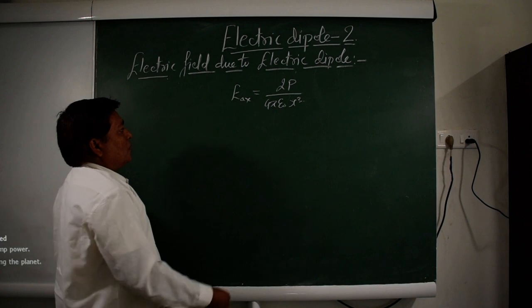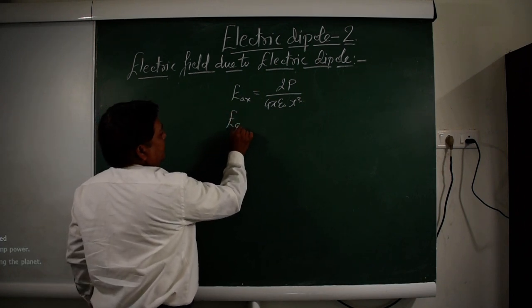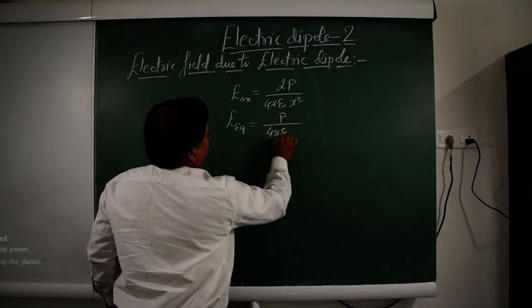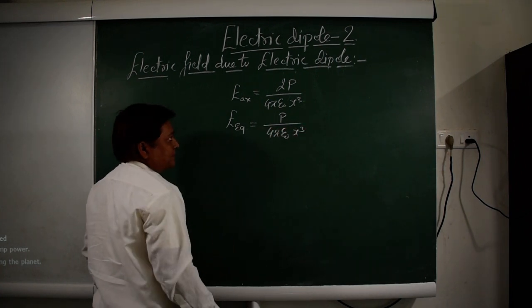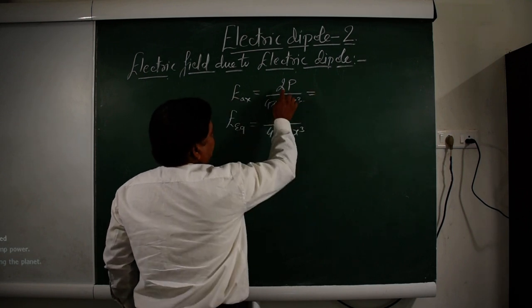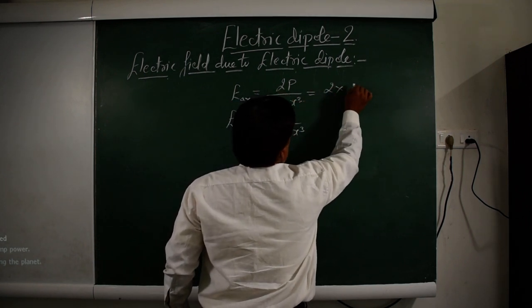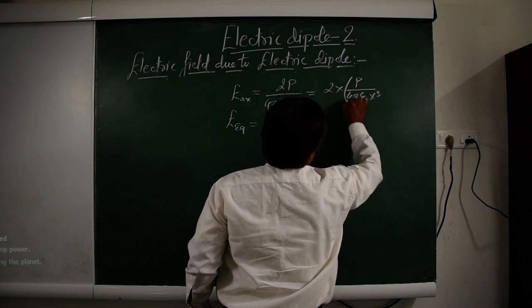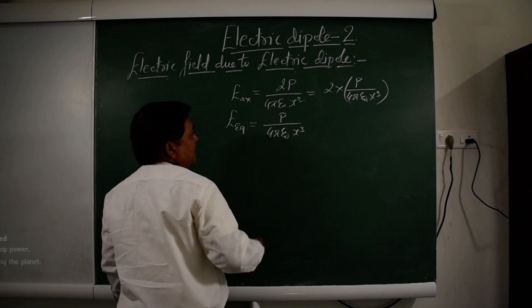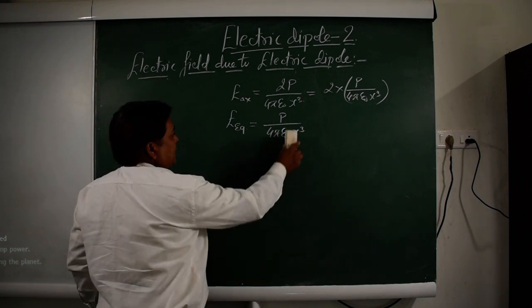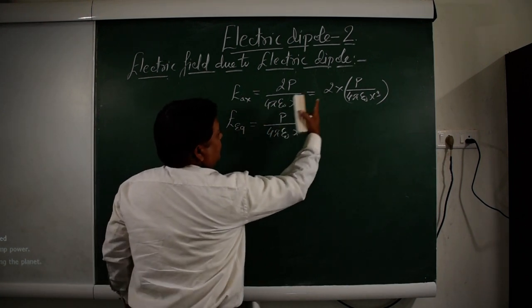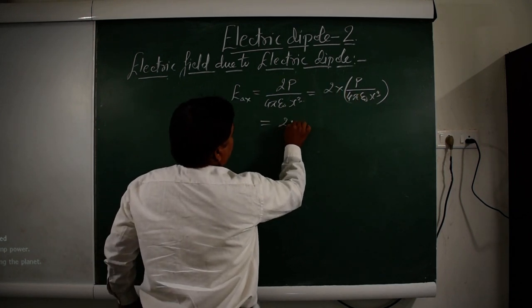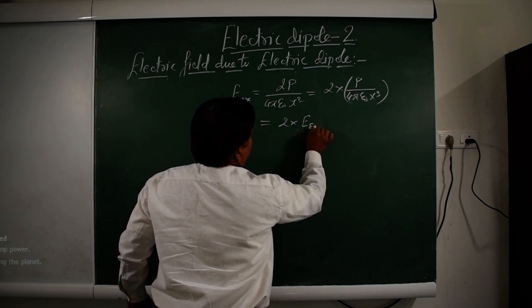What is the expression for the equatorial position? E equatorial is equal to p upon 4 pi epsilon naught x cube. So if we compare this, we can write 2 into p upon 4 pi epsilon naught x cube. This is the value of E equatorial, so if we place it here, it will become 2 into E equatorial.